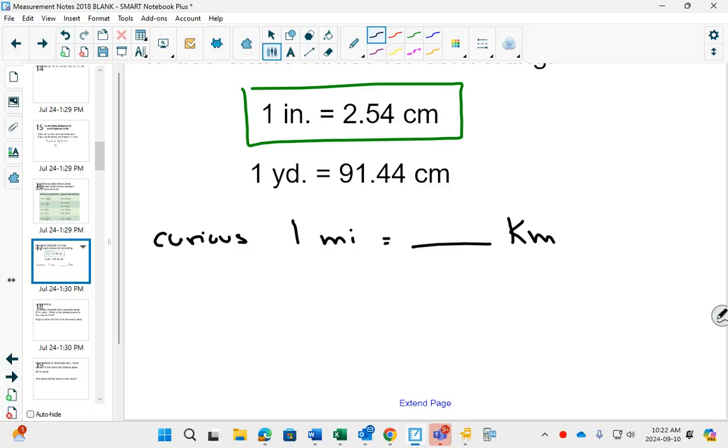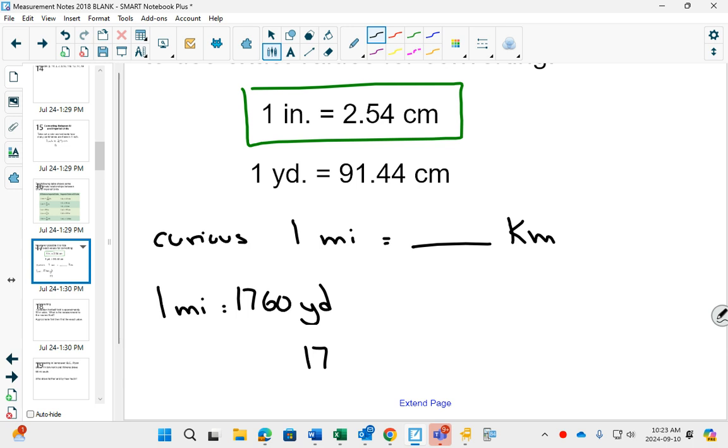Now on your formula sheet, we do have a way, like I can change to yards. On your formula sheet, 1 mile is how many yards? 1,760.